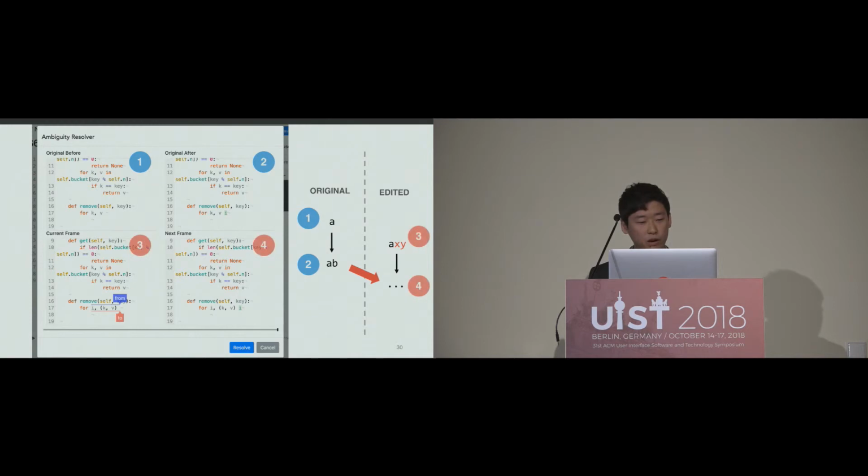And at the bottom, you have two text areas that show you the before and after within the edited timeline. And if you look at the bottom left corner carefully, there are from and to handles that you can move around to select the right transformation that you want for this particular ambiguity.